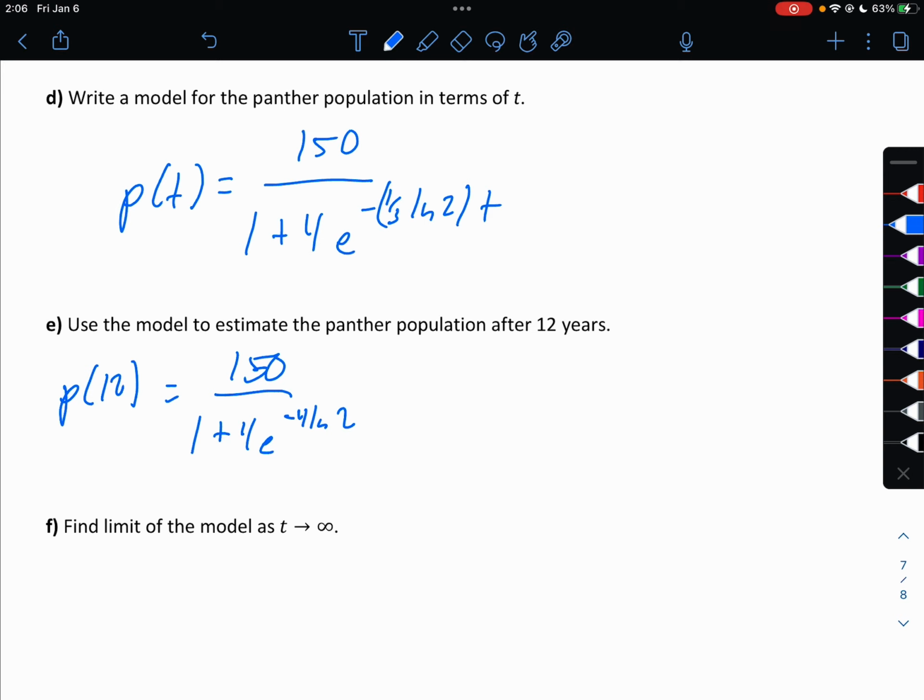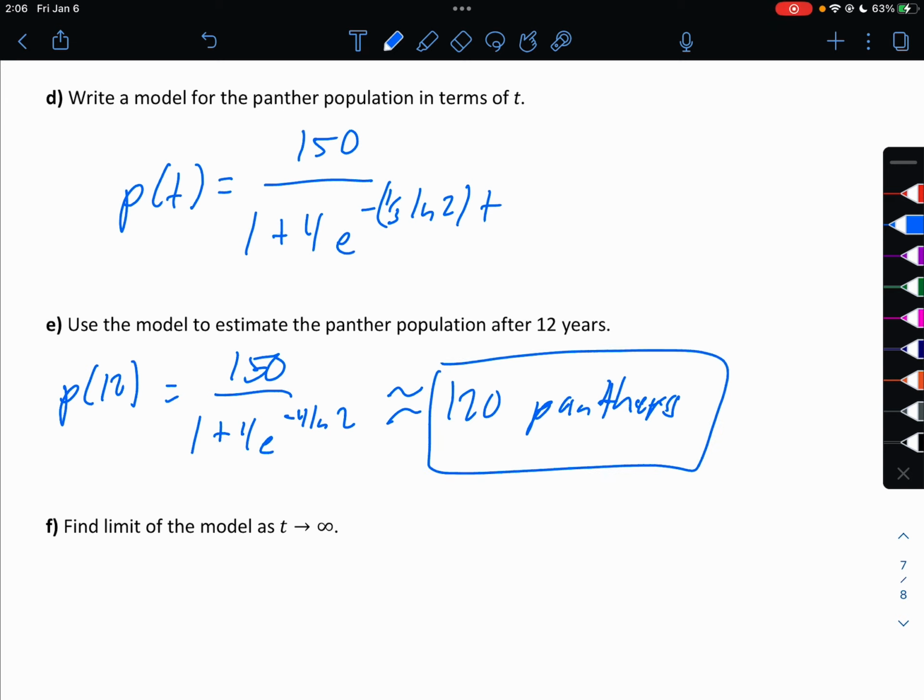And we can use our calculator to help us with that. It's going to be approximately 120 panthers. Remember, for actual animals here, we're going to round to the nearest whole number if needed. So 120 panthers would be our approximate guess.